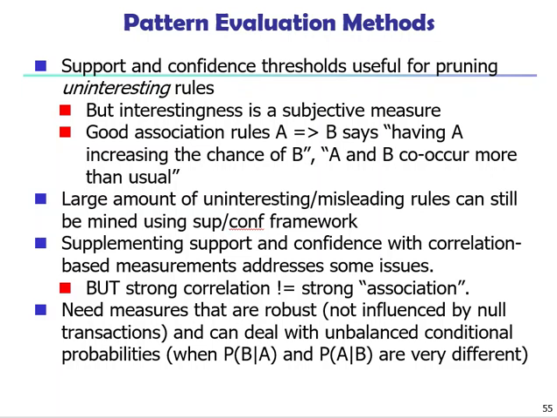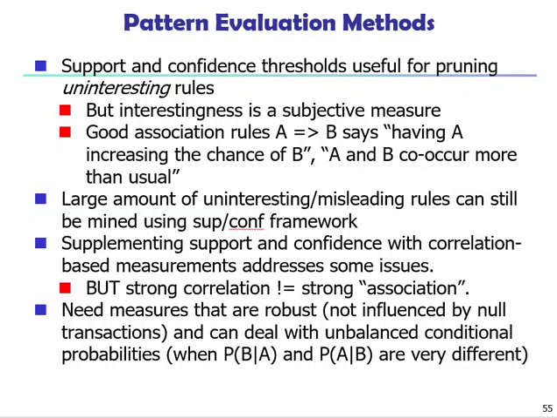If we recall, the reason we mine association rules is trying to find items that co-occur more often than usual, or to find things where purchasing A will increase the chance of purchasing B, right?